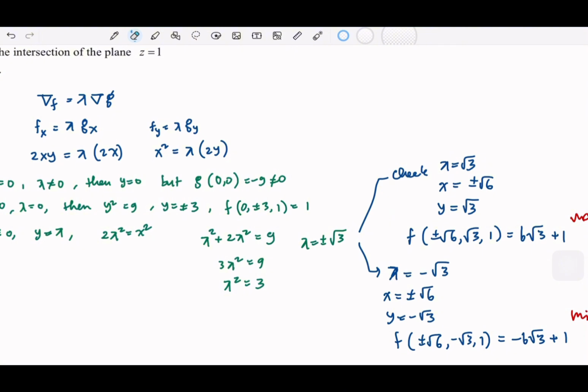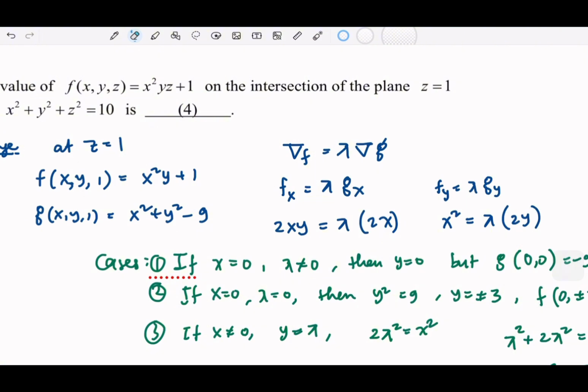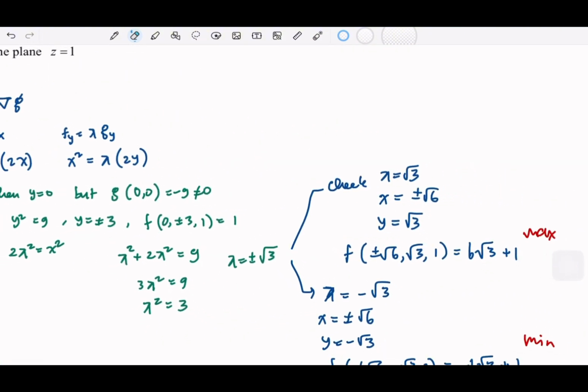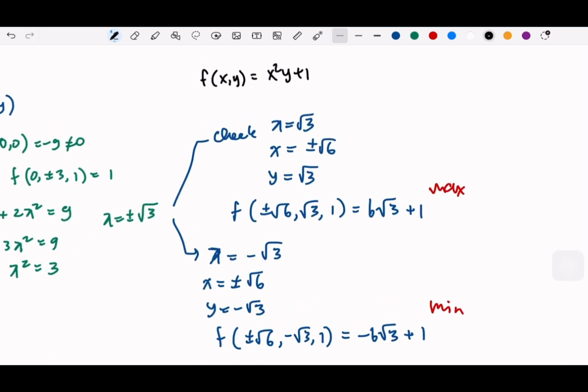The negative 1, because from the equations, the y will be, let me write again the equations. The equation is this from here, x squared y plus 1. Okay. Let me write here. So we can input these two, and it becomes this.